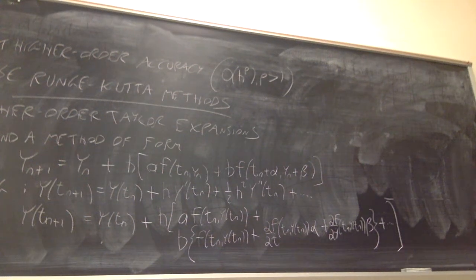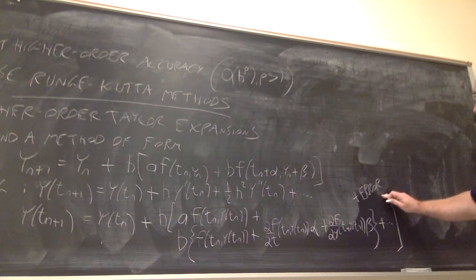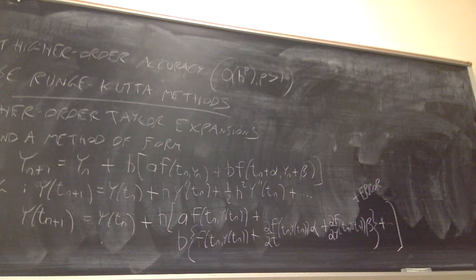And then there's also going to be, I had to say plus error, because what I'm doing is substituting the exact solution into the numerical method. When you do that, because the numerical method is not a differential equation, it's only an approximation of it, there's going to be some error.